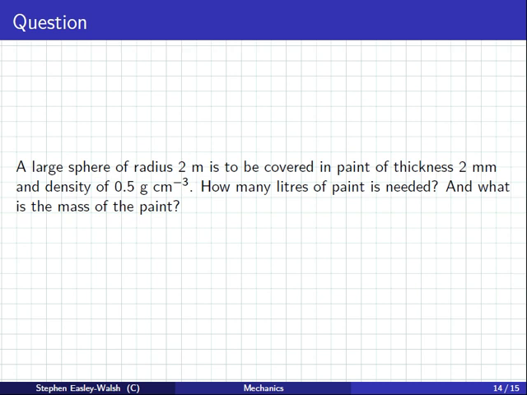Like change it to a number? Yeah, in the physics exam, yeah. 3.1415. Yeah.